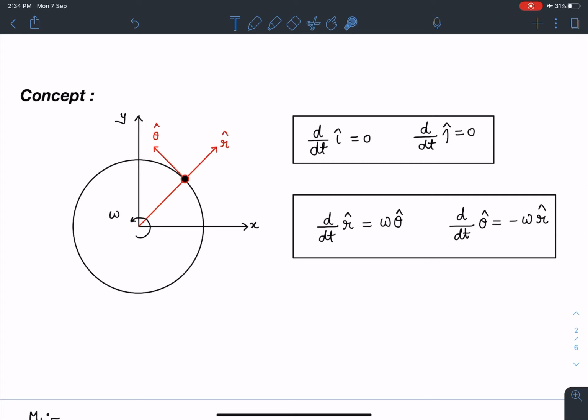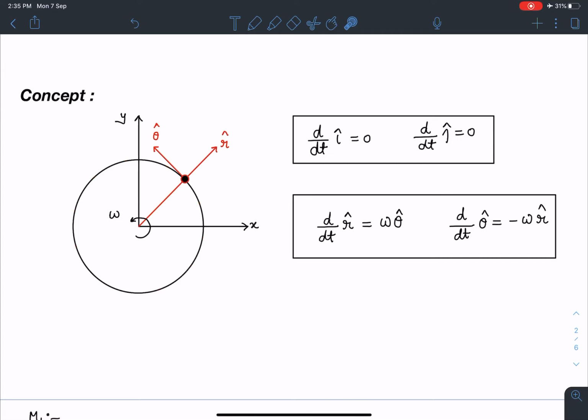Like in the case of i cap and j cap, if we take their time derivatives, we are going to get 0 because they are constant vectors. Whereas that is not the case with r cap and theta cap. These are the vectors which are actually rotating in space, so their time derivative will not be 0.